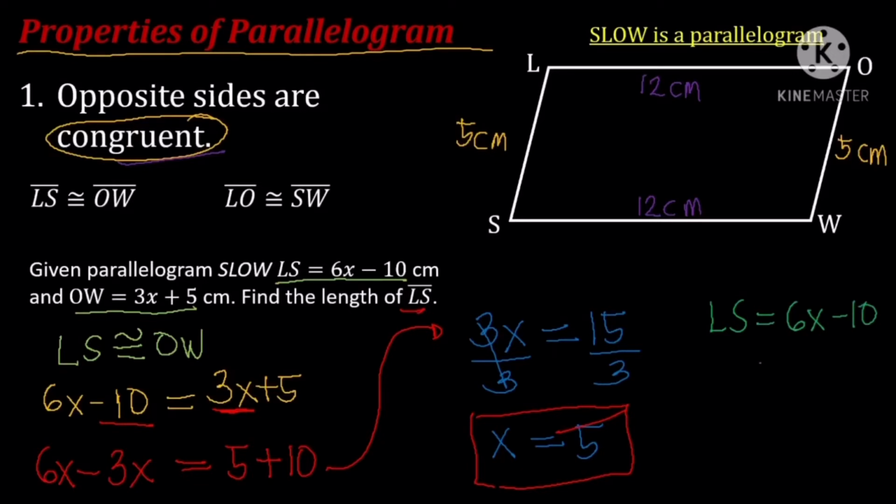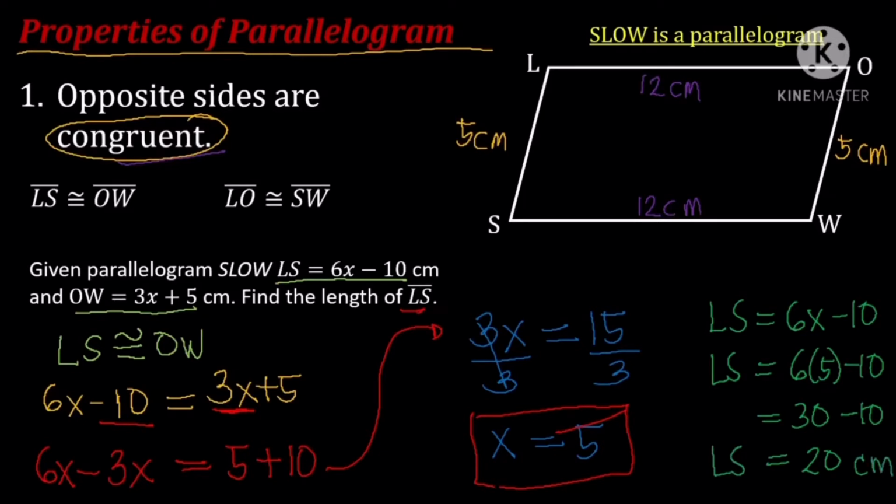We have 6 times 5 minus 10. And then 6 times 5 is 30 minus 10. 30 minus 10 is 20. So, the measurement of side LS is equal to 20 centimeter.